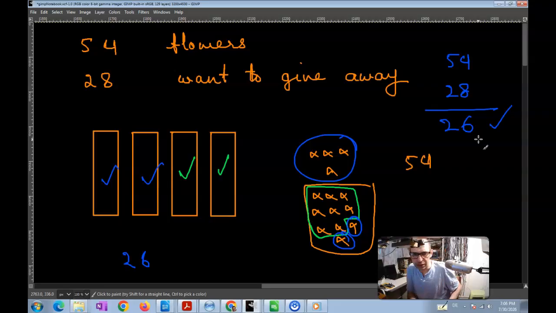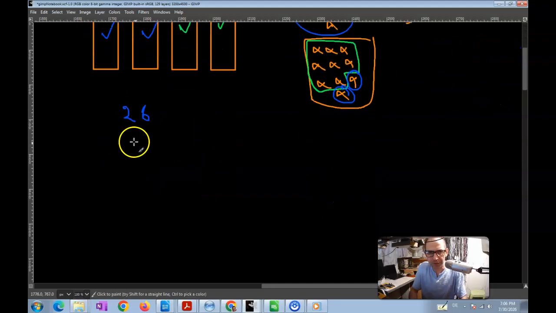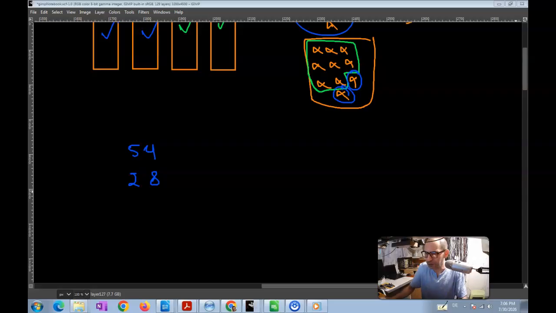So now the exact same operation, I can basically do it using the standard operation, meaning the subtraction algorithm. I want to do 54 minus 28. So how do we do this operation?